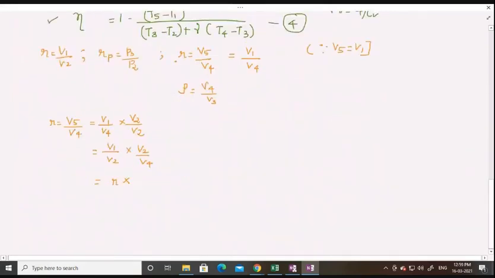So since it is a constant volume process, V2 equal to V3, so instead of V2 I can say V3 by V4. Actually the cutoff ratio is nothing but V4 by V3, and here we have V3 by V4. So saying like this, V5 by V4 is equal to V1 by V4. Okay, right.